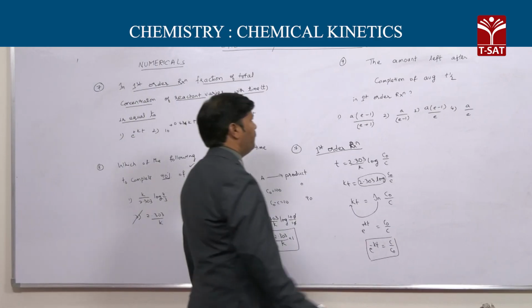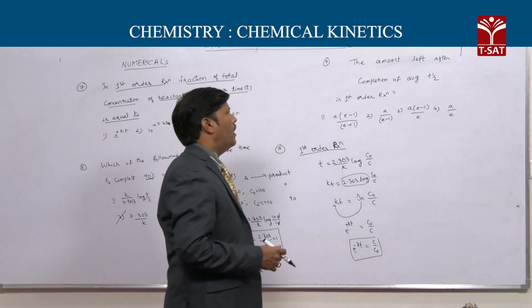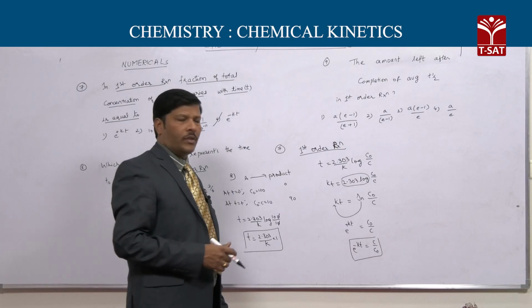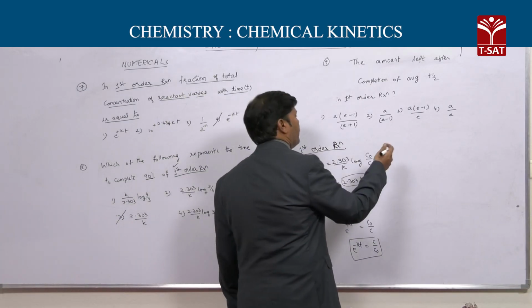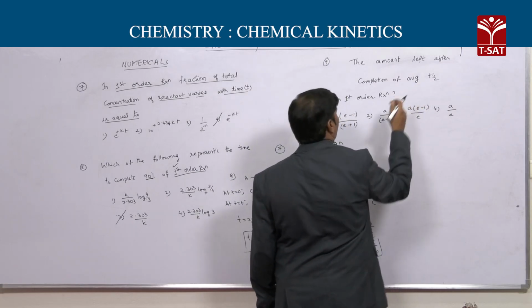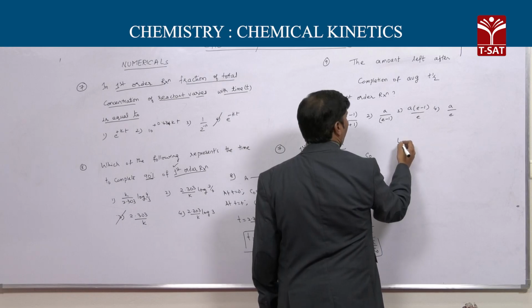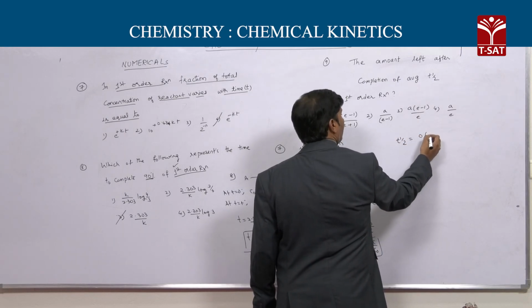Now look at this. Amount left after completion of average half-life in the first order reaction. Because he is using the word average half-life, I will just try to apply the half-life formula.